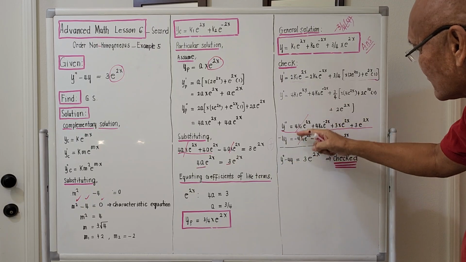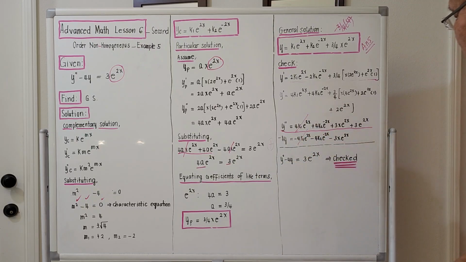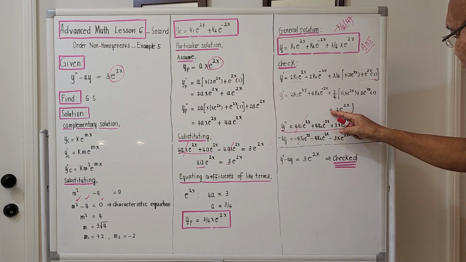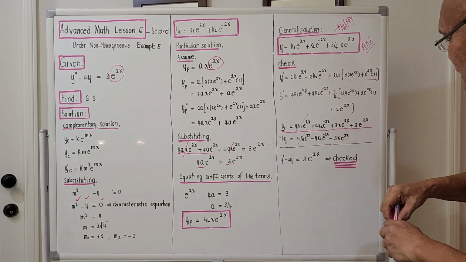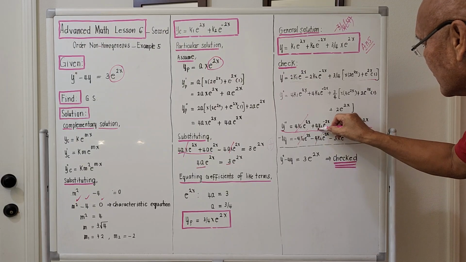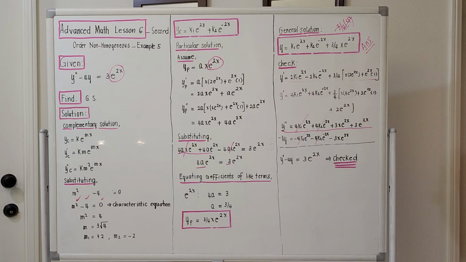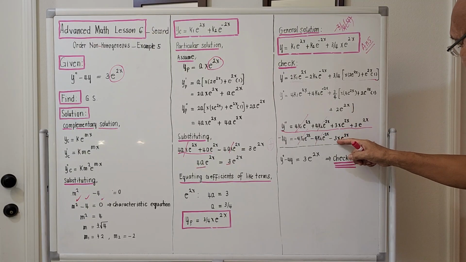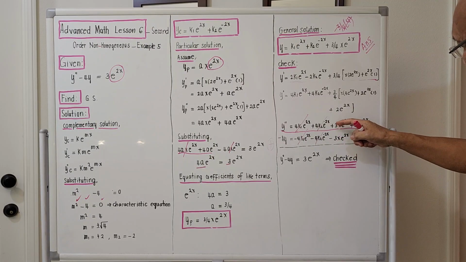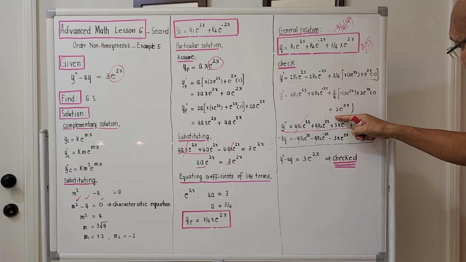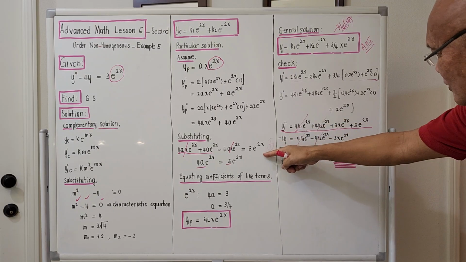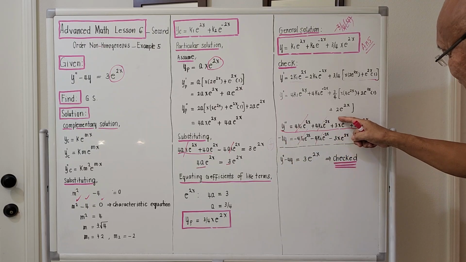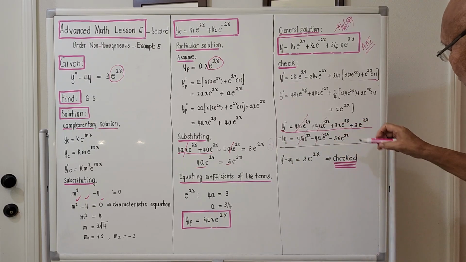This is plus 4, this minus 4, they cancel out. Second term, e to the minus 2x, e to the minus 2x, this is plus, this minus, they will cancel out. They are similar terms. This is an x e to the 2x, this is an x e to the 2x, the coefficient of this is plus 3. Plus, open quantity negative 3, so plus 3 minus 3 cancels out.